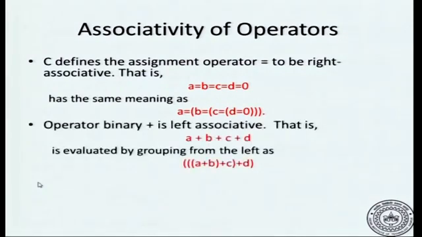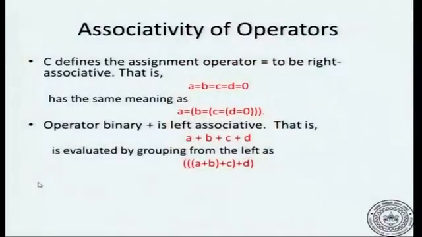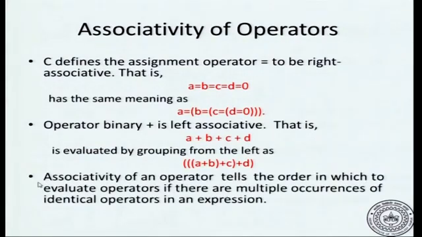On the other hand, if you take an operator like binary plus, the addition symbol, then the usual custom is that you parenthesize from left to right. So the evaluation is done a plus b first, then that sum is added to C, then that is added to D. So the assignment operation goes right to left, the addition symbol operates left to right.